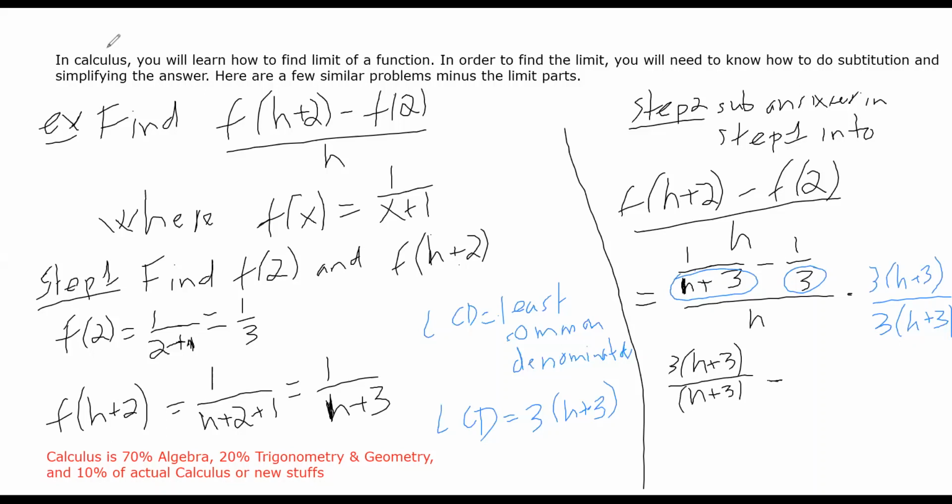Minus, multiply in 3h plus 3 over 3, over h times 3 times (h plus 3). Now I want you to see the cancellation here. Cancel, cancel, very nice.